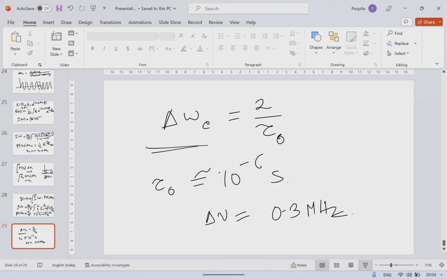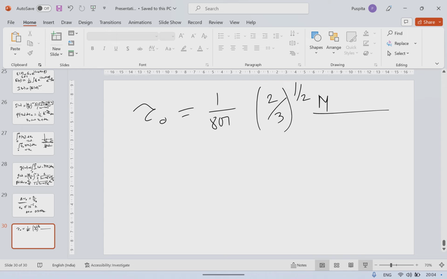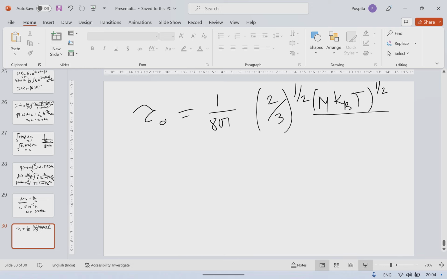And from the kinetic theory of gases, here I am considering only the kinetic theory of gas, because that gives us a collision time τ0 is 1 by 8π (2 by 3) to the power half (m kB T) to the power half by p a square.